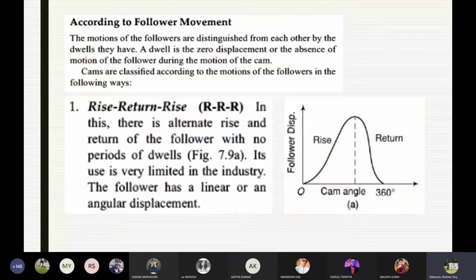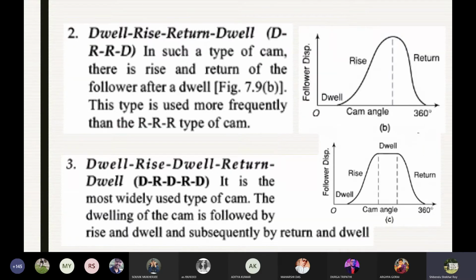We already mentioned these different types of follower movement: rise, return, rise, but it has very limited use in industry. Next is dwell, rise, return, and again dwell will start. These are more frequently used than the previous.